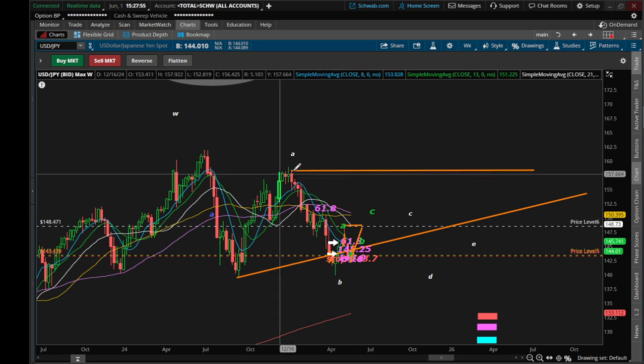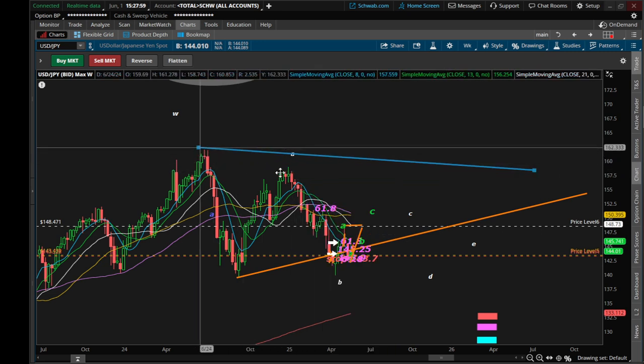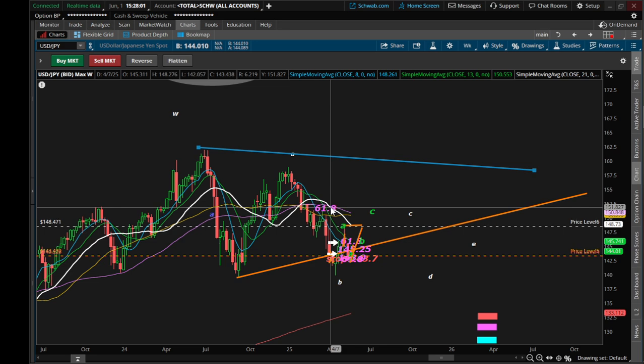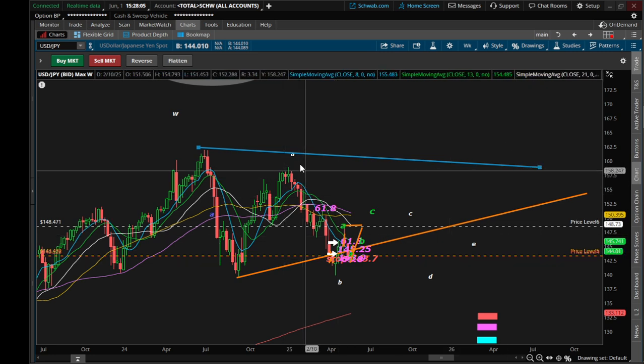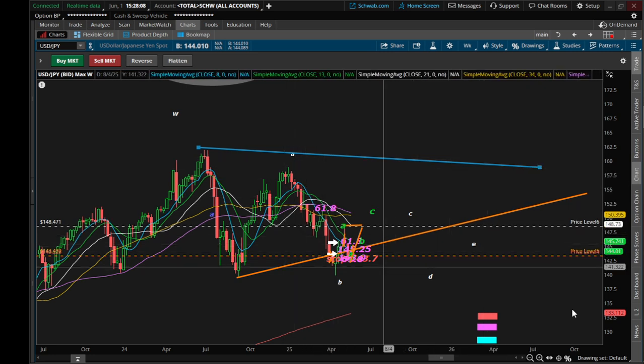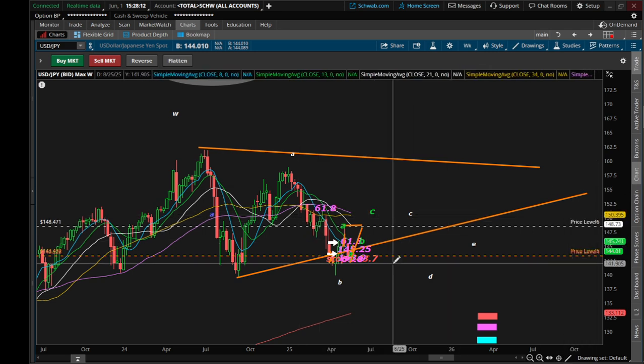Let me activate this here, be more like this. So ignore this A, B, C, D, E here, okay? Because that would be another triangle to the downside.